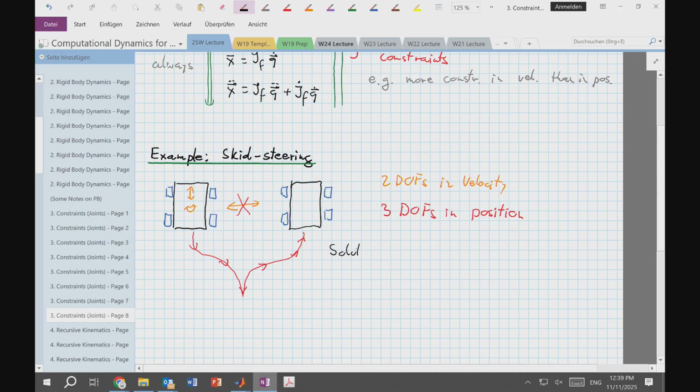The solution to the problem that we have here, right? 2 degrees of freedom in velocity, 3 degrees of freedom in position, is simply to use different variables to describe positions. Position should be red. And velocities.